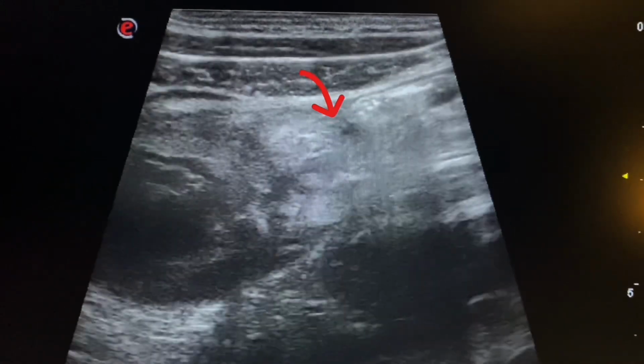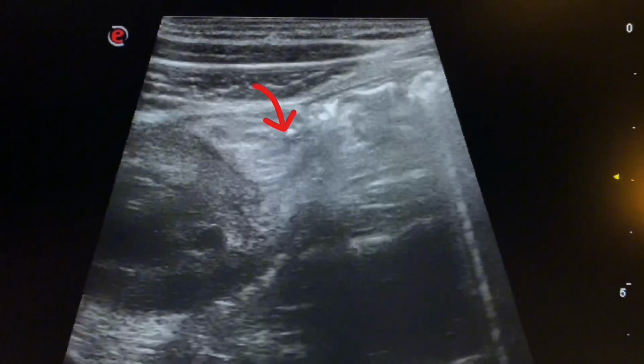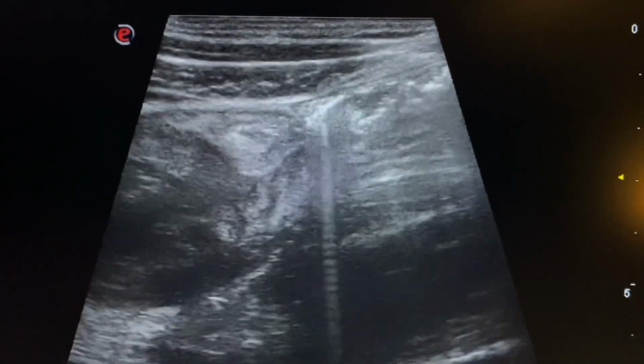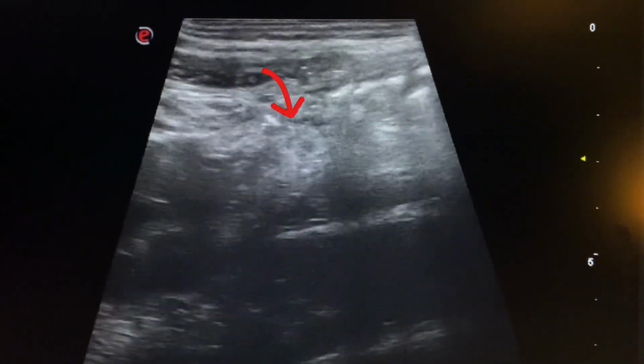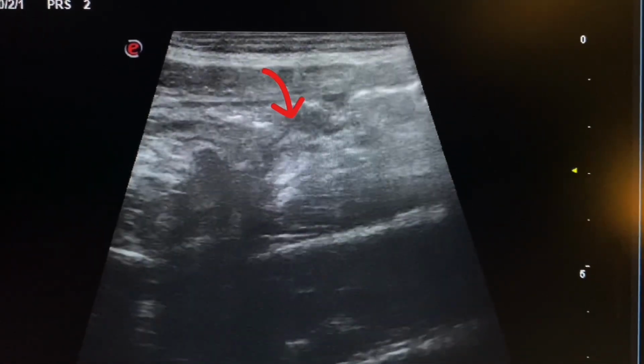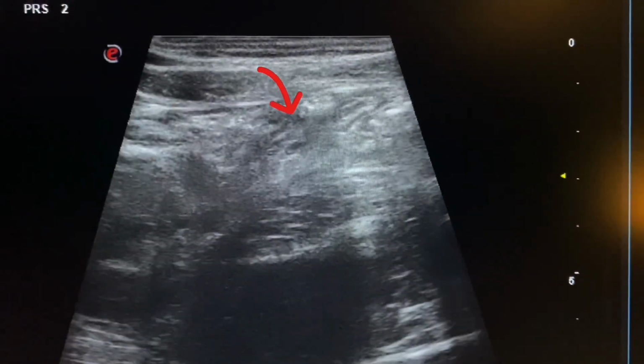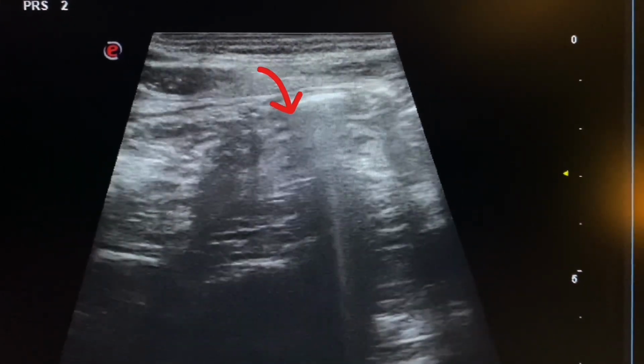Now when we scan the surrounding tissue of this mass, here we see the lumen of appendix which attaches with this mass.